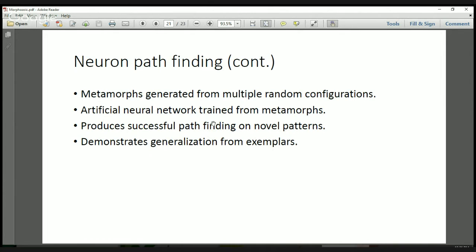And it will actually be able to generalize on the learning that it acquired from the previous learning.